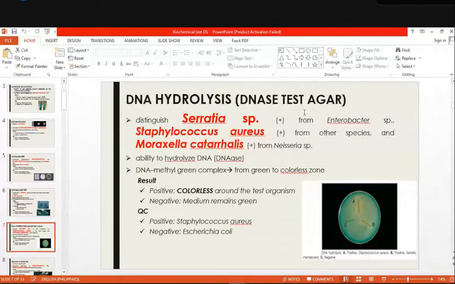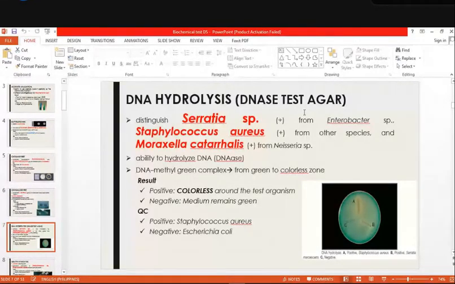The hydrolysis of the DNA is indicated by the clearing of the agar after the addition of HCl, so that the oligonucleotides dissolve in acid, causing a clear zone. But DNA salts are insoluble.